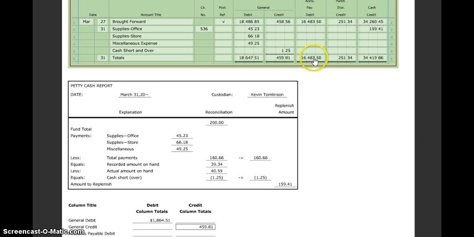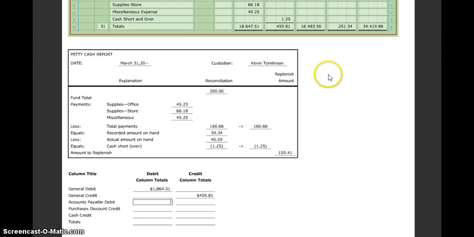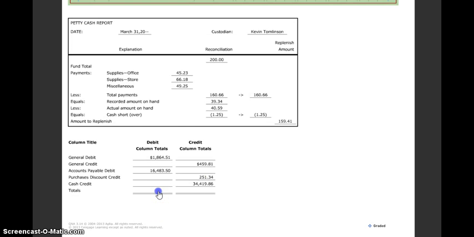We have accounts payable debit of 16,483.50. Purchases discount credit 251.34. And finally, our cash credit 34,419.86. And we're just going to add our debits and add our credits, and they should equal, and they do.